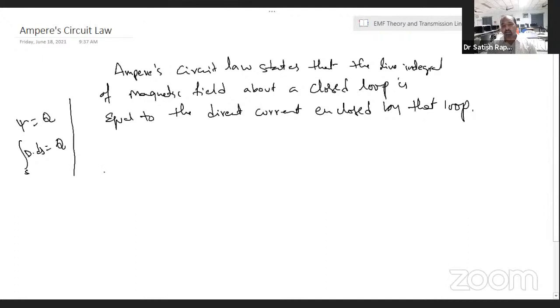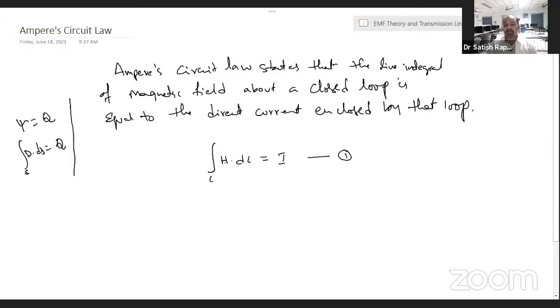Similarly here, Ampere's circuit law: the integral of magnetic field about a closed loop is equal to the direct current enclosed by that loop. So that means the line integral of H dot dl is equal to I. This is called Ampere's circuit law.